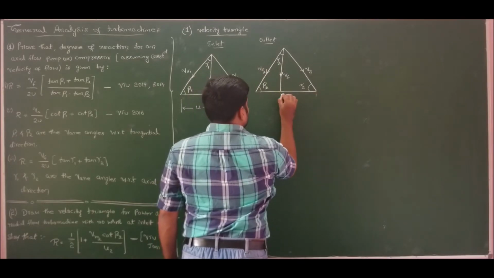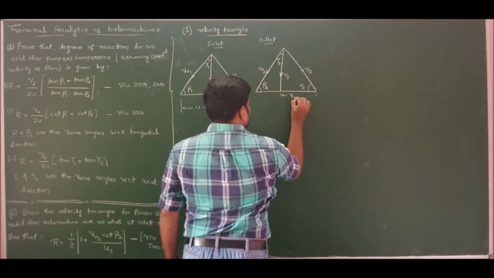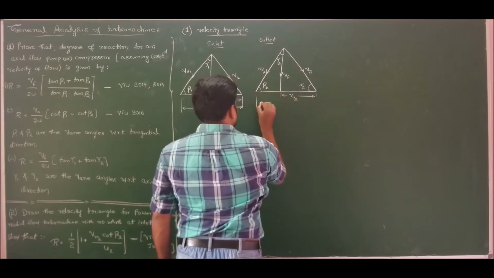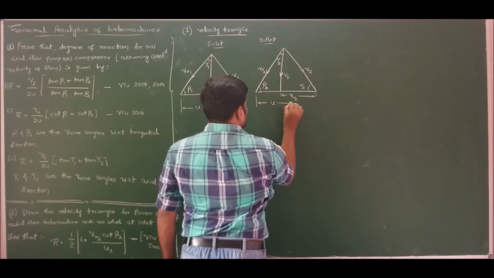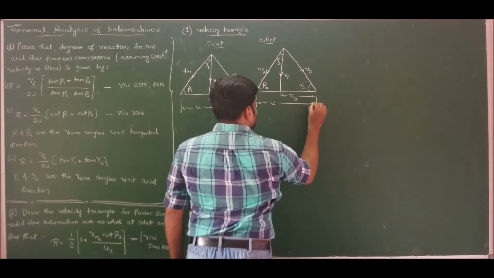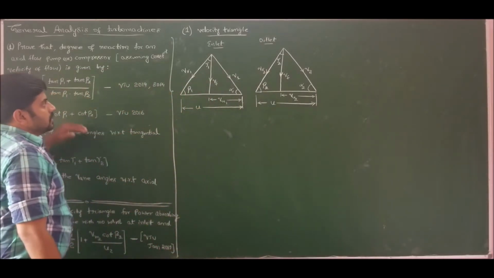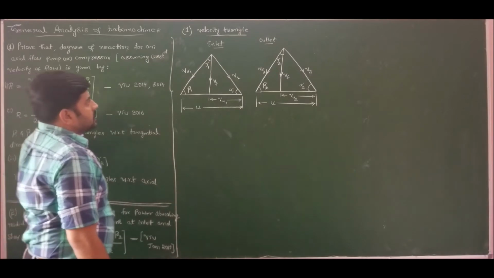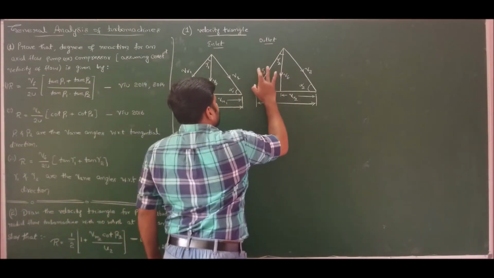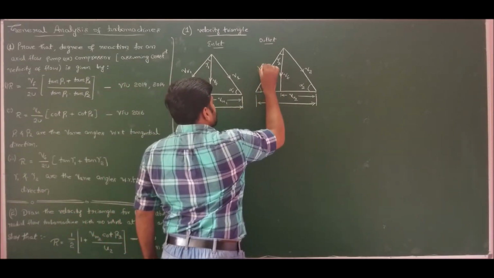So absolute to flow is Vu2, and we have axial flow, so U1 is equal to U2 is equal to U. So this is the required velocity triangle for question number 1, that is, prove that for an axial flow pump or compressor.